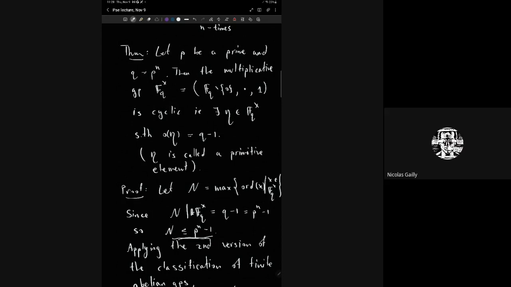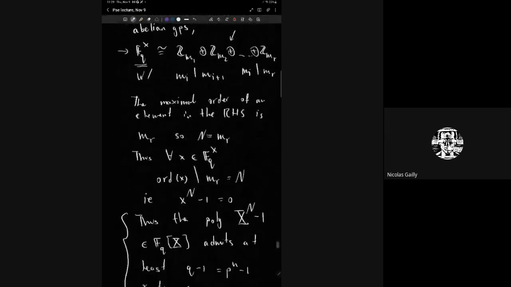For the last point of the proof, something I'm not sure. Can you go down to the last point of the proof? I understand most of the proof, but maybe the last point is not clear.